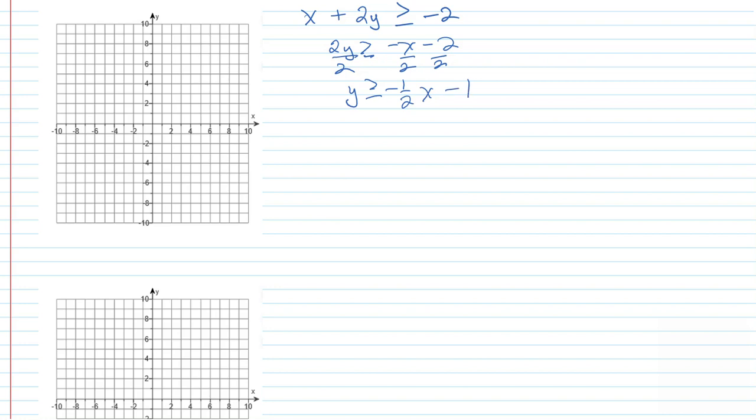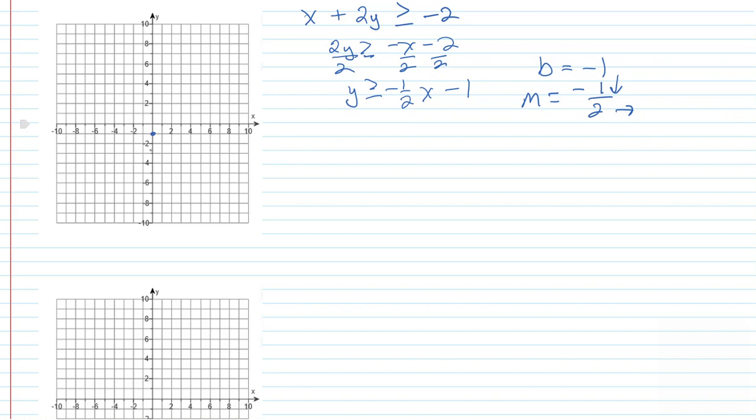All right. Now on this one, I can use my slope, and it is a solid line, so that'd be a good one. So I'm going to put my b is -1, and my m is -1/2, which is down 1/2. All right. So I'm going to go to -1. That's my y-intercept.